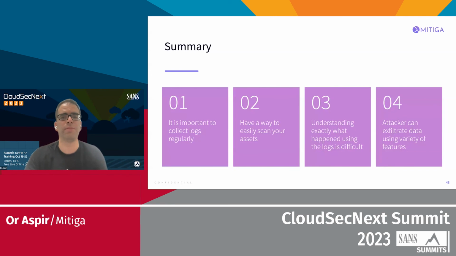For example, as you saw with the DB, if the DB is private, you can still export data from it. So even if the attacker doesn't have network access, they can still read the data from your DB. So know about that. Learn about the ways that the attacker can exfiltrate data from your GCP.